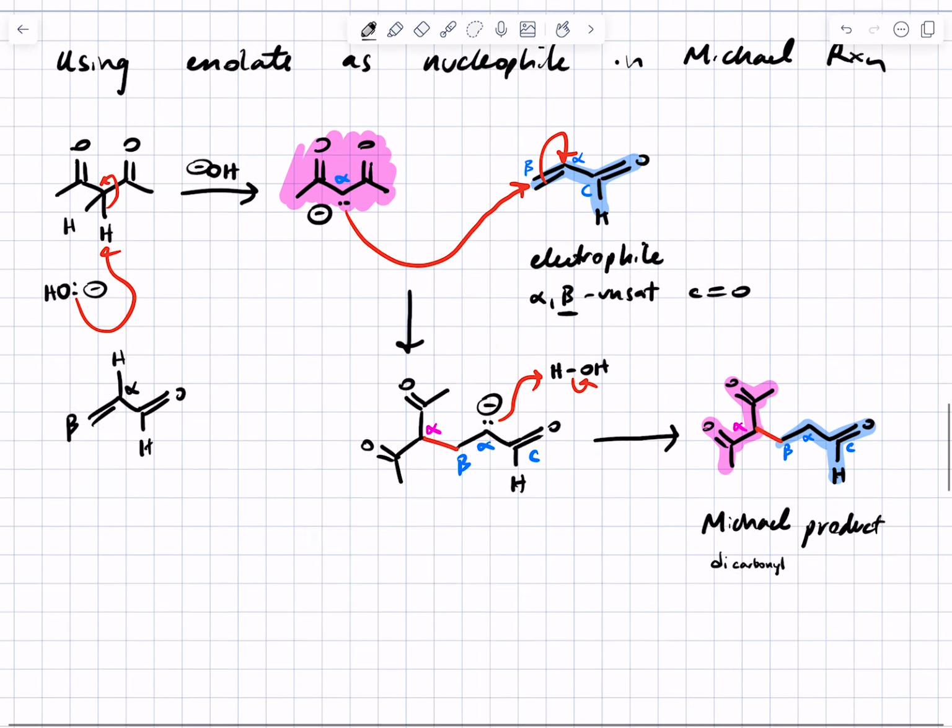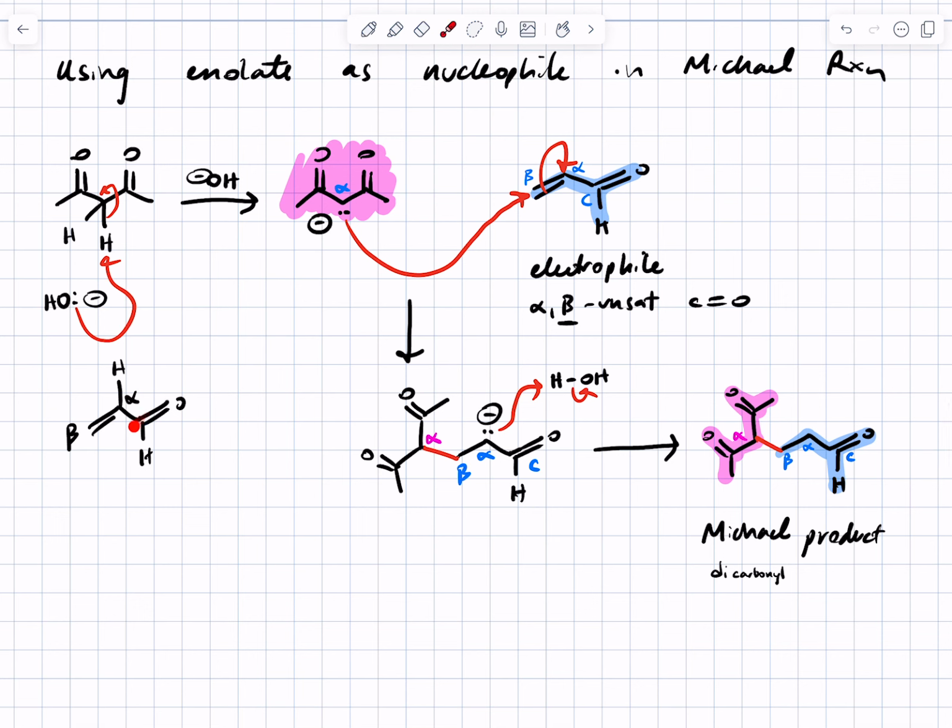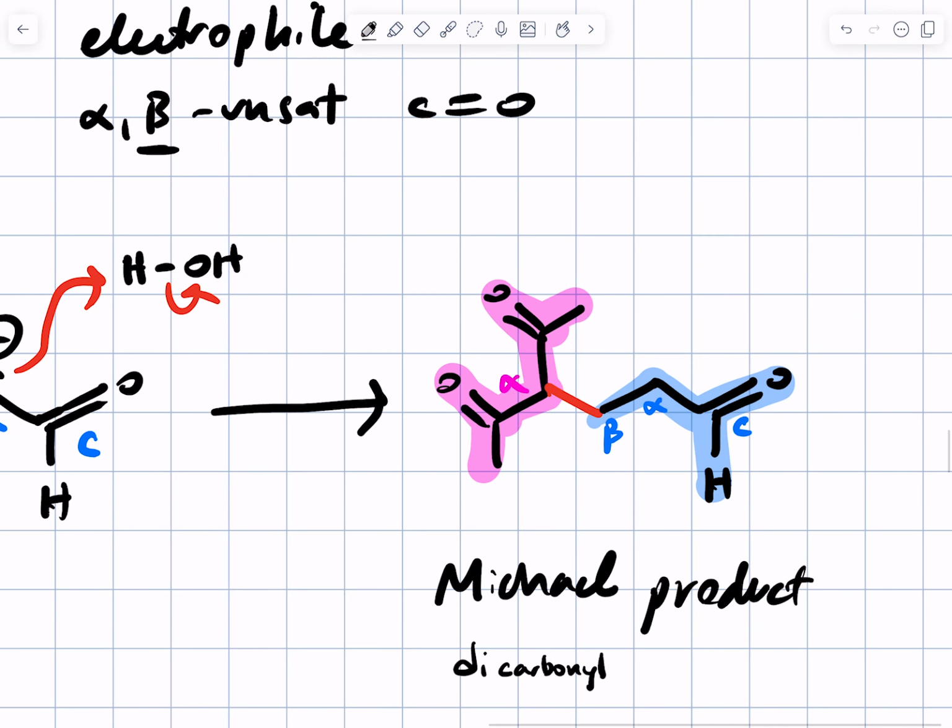Because you have to have in your starting material a carbonyl from your alpha beta unsaturated molecule, and you have to have at least one carbonyl from your enolate. And those two carbonyls are still present in the product, and they are 1, 2, 3, 4... sorry, there's a color clash there. Pink on orange, 4 and 5.